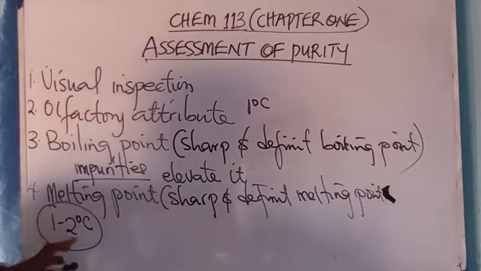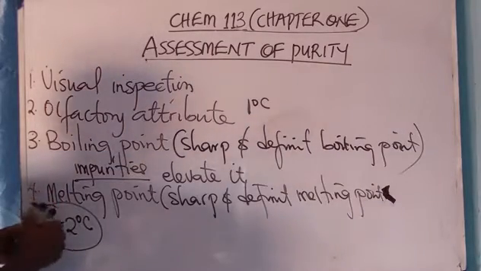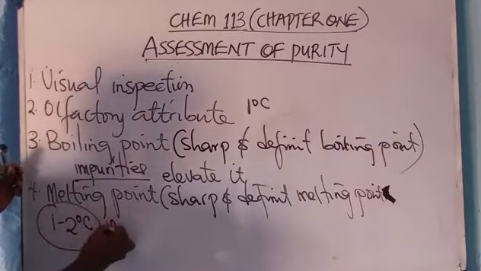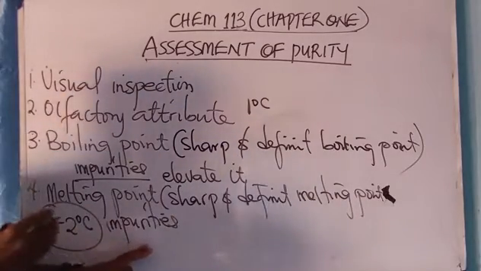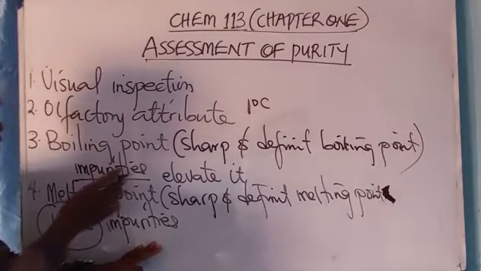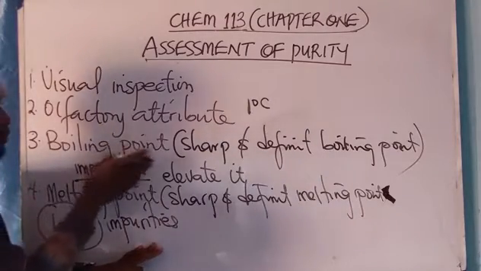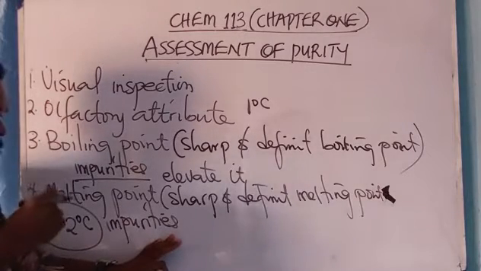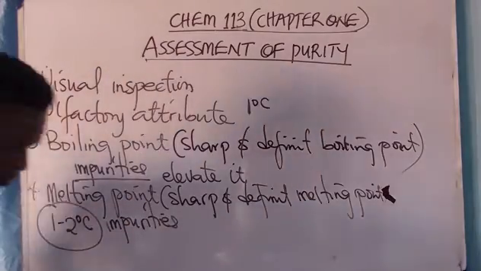This is the temperature at which they melt. Take note of that, which means that impurities will decrease, or depress, the melting point of a solid. Impurities cause elevation of the boiling point of a liquid, while impurities cause a depression, or a decrease, in the melting point of a solid. Please take note of that.